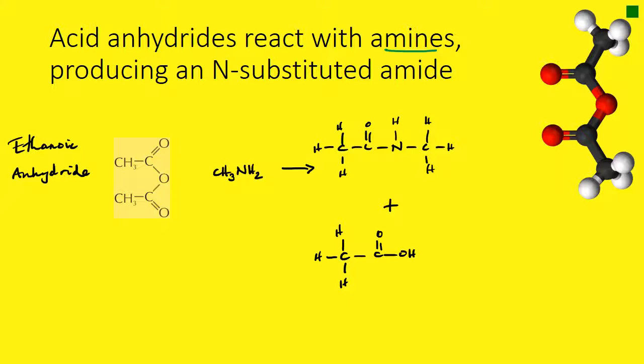But in order to do so, I really need to write out our amine in a display formula. So let's draw our hydrogens like that and our CH3 group like that. So that's methylamine. Let's name it. Methylamine.